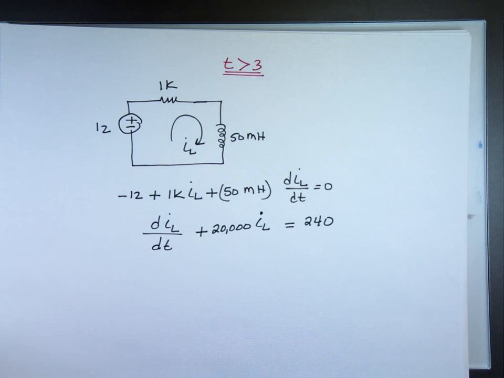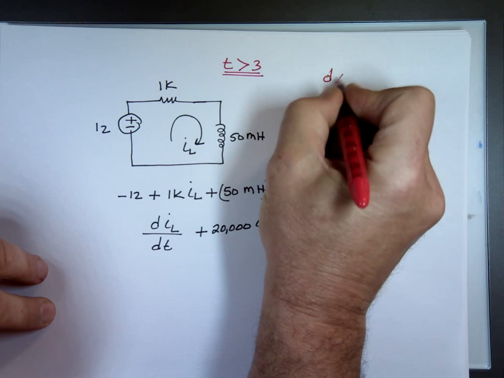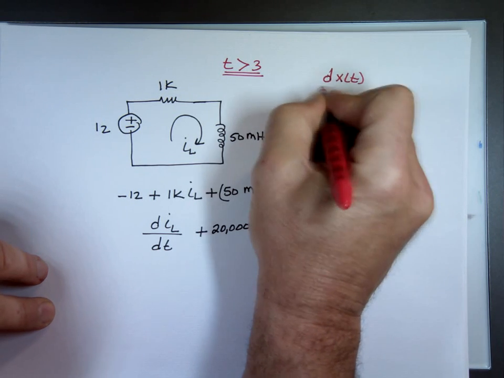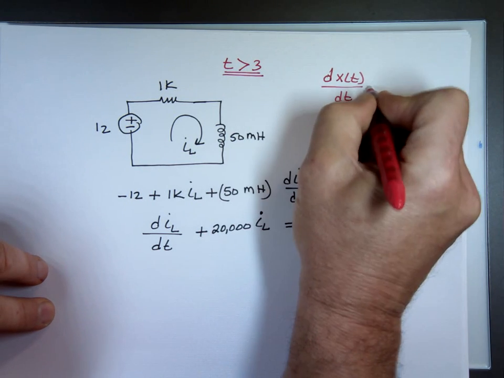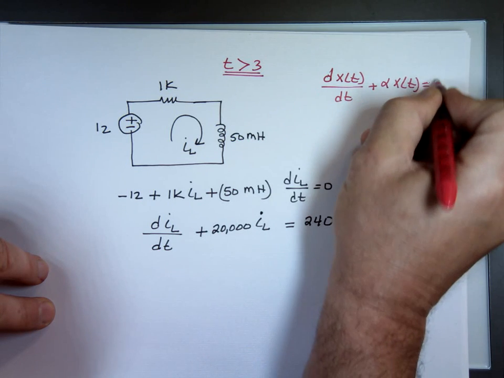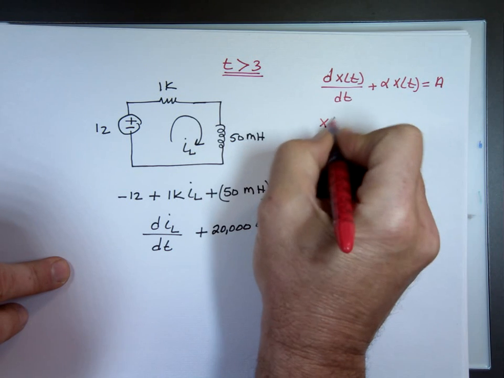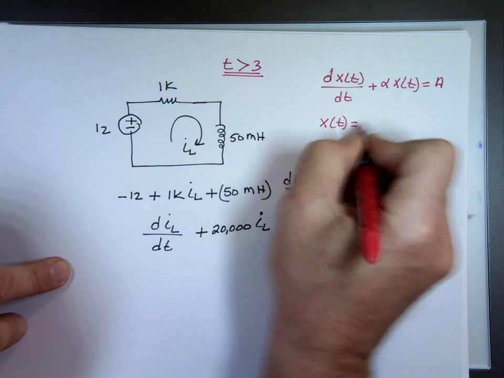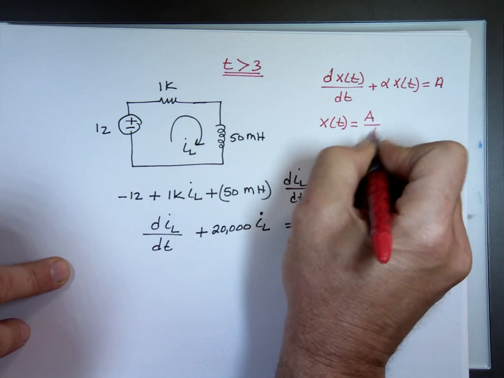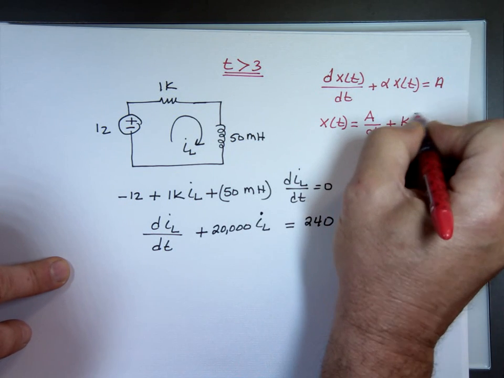So we have a differential equation that looks like this, equals A, not a 0 now, then your solution is going to be A over alpha plus K e to the minus alpha t.